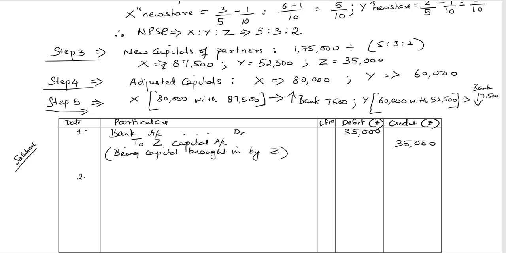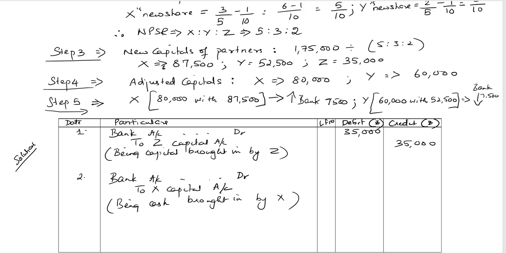The second entry, X has to bring in cash of rupees 7,500, bank account debit to X capital account, being cash brought in by partner X. Amount is 7,500 rupees.